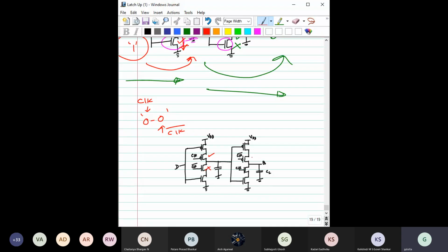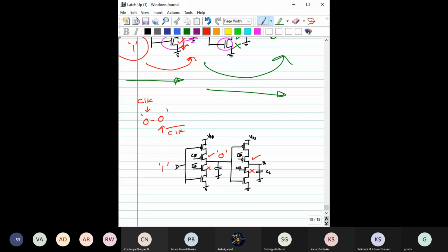Okay, now clock bar is equal to 0, so this transistor is on. Clock is equal to 0, so this transistor is off. Okay, now we have given here input 1, and 0 was stored here, right? So far that we know.